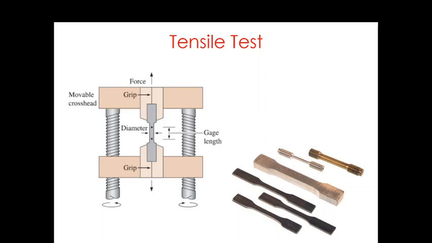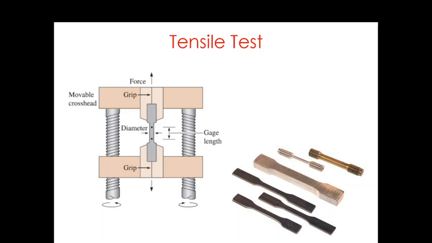So what happens when loading starts? This movable crosshead moves upward and this is a stationary crosshead. At one particular stage the sample starts yielding, and plastic deformation of the sample starts. Initially it shows elastic deformation, and after one point it shows plastic deformation.